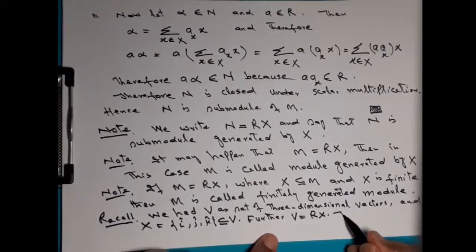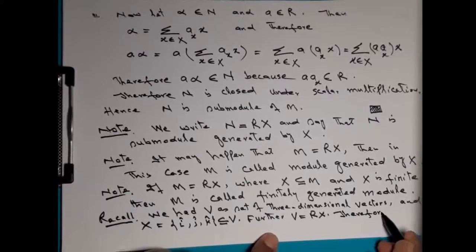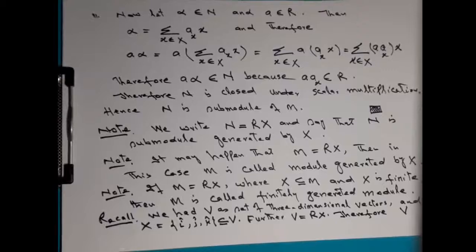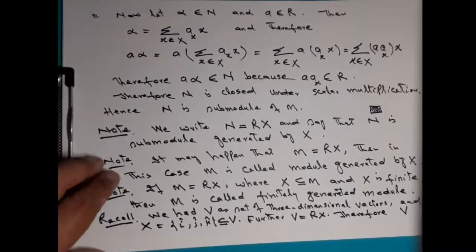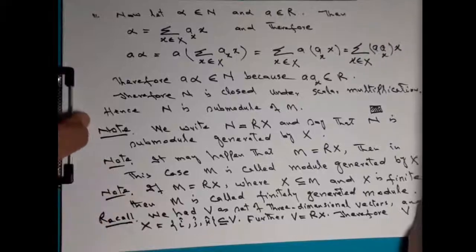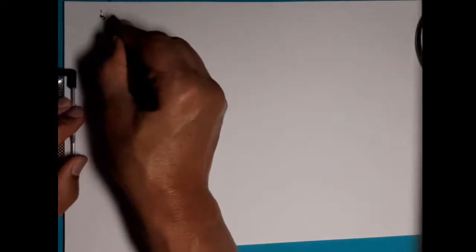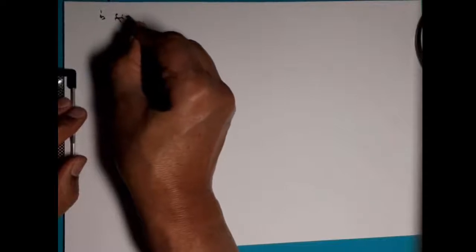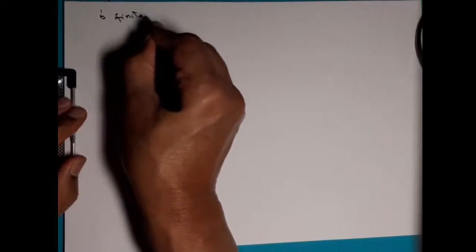Therefore, V is the set of all vectors in the space. So therefore, V is a finitely generated module.